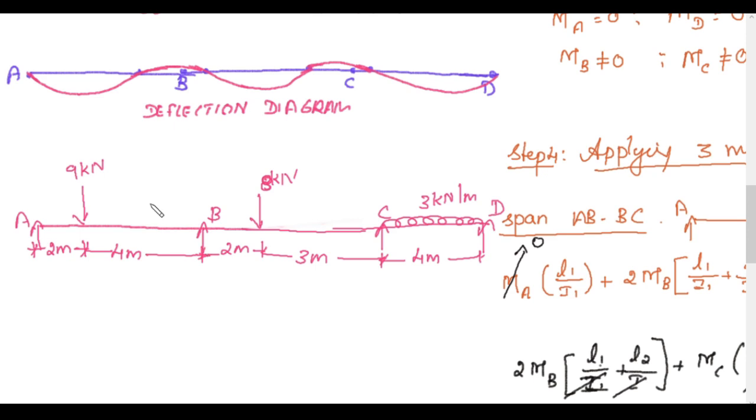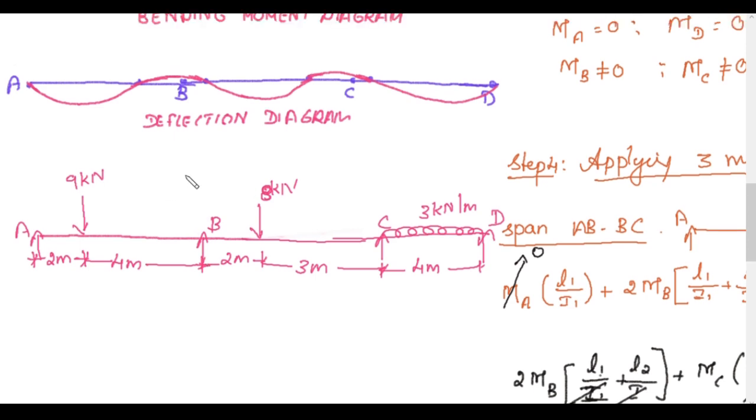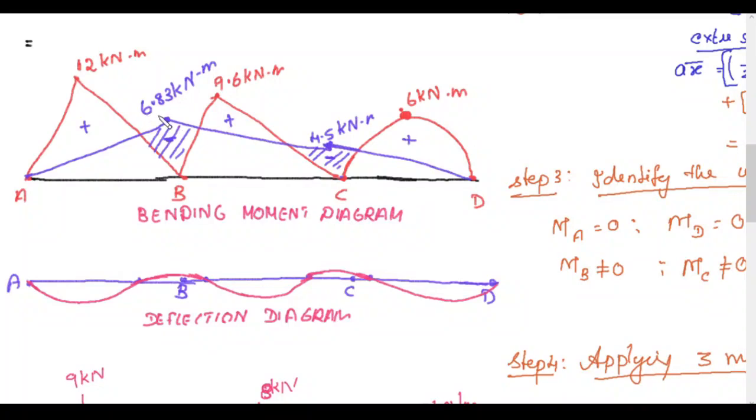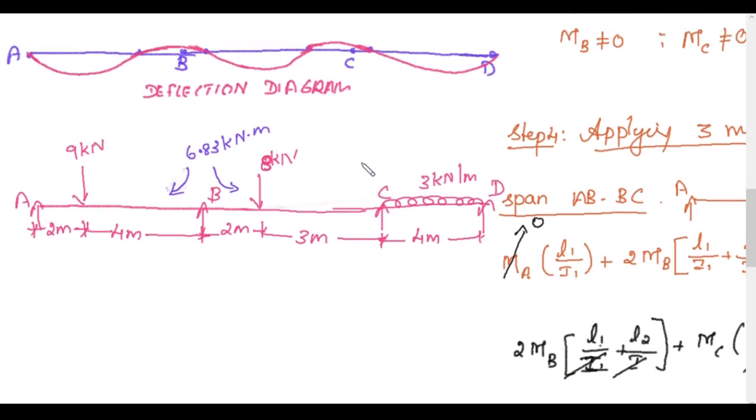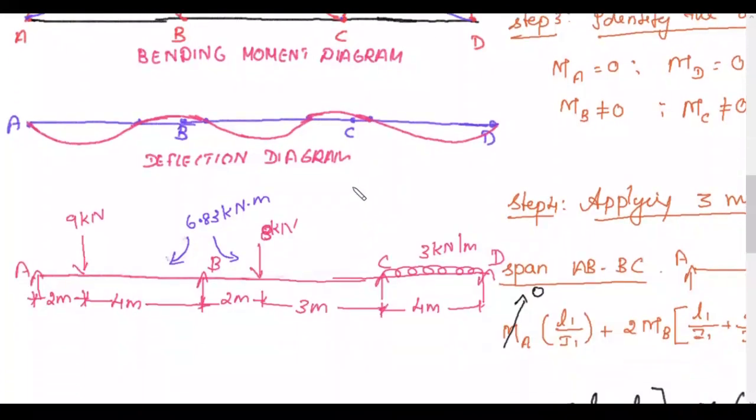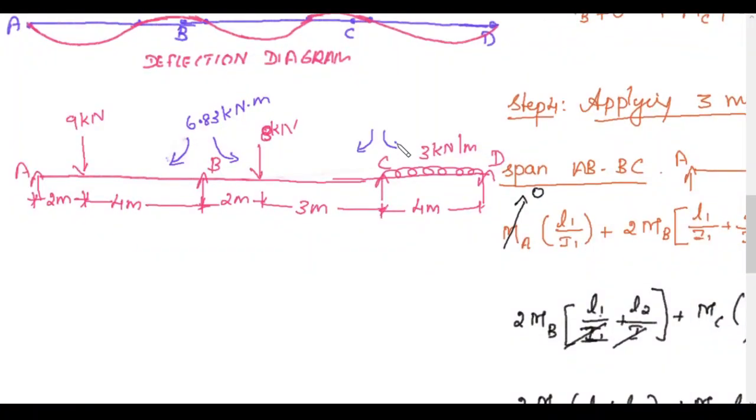Moment at B is minus 6.83 kilonewton meter, and at C it is 4.5 kilonewton meter.